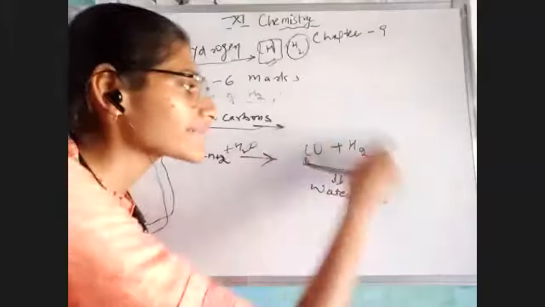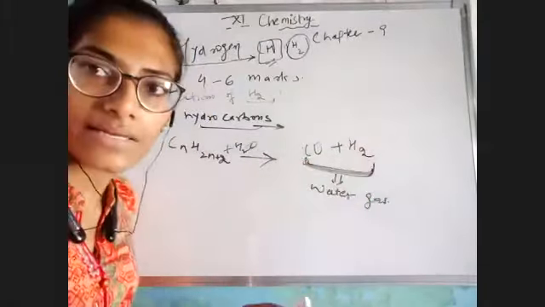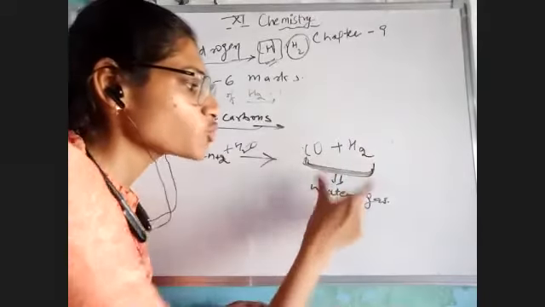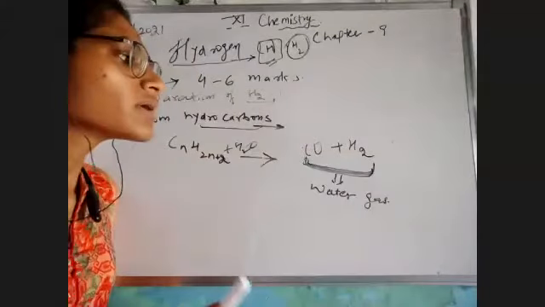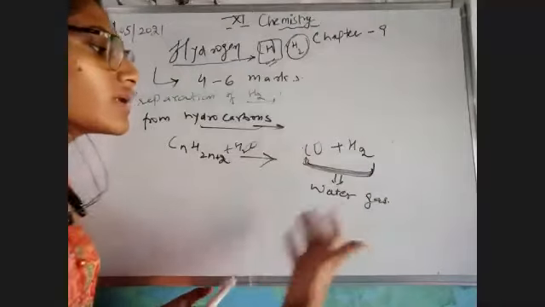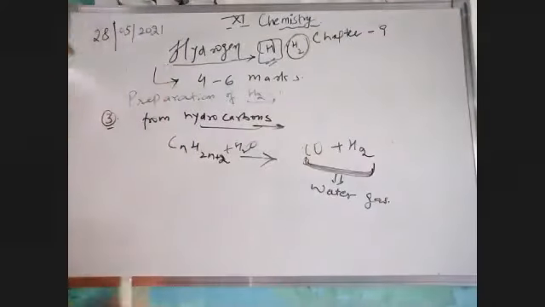These two are in the form of gas, and this is known to be water gas. Am I clear? CO plus H2 is known to be water gas. This is a question which could come: what is water gas and what is the reaction behind this.